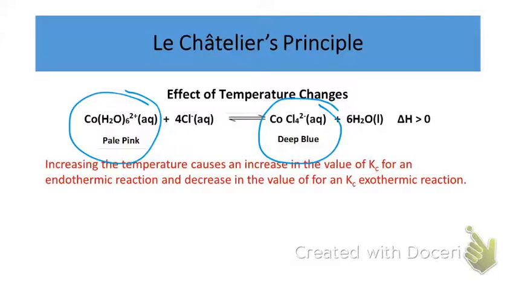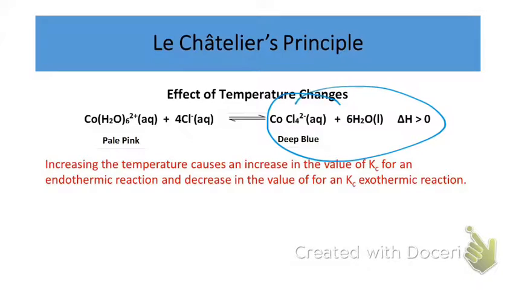Now, when it comes to colors in equilibrium systems like that, the color that is prevalent is the one in which the position of the equilibrium is more favorable. So if the equilibrium lies to the right, then the solution should look deep blue, and it should be product favored.